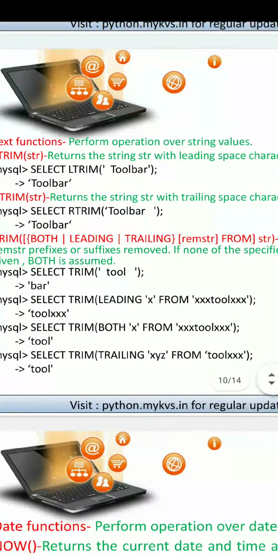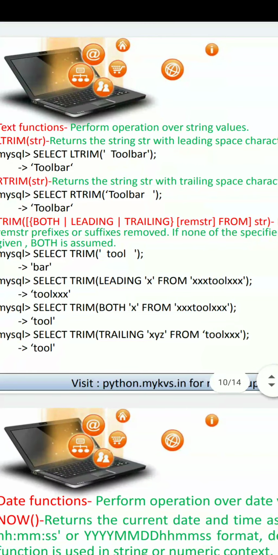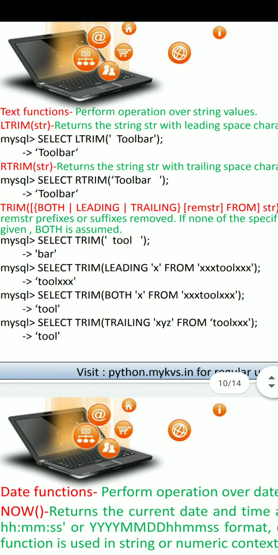Now there are some variations. See its second example of trim function. Select trim, then bracket start, and we are writing here leading x from, this one is the string, triple xxx tool and then xxx.